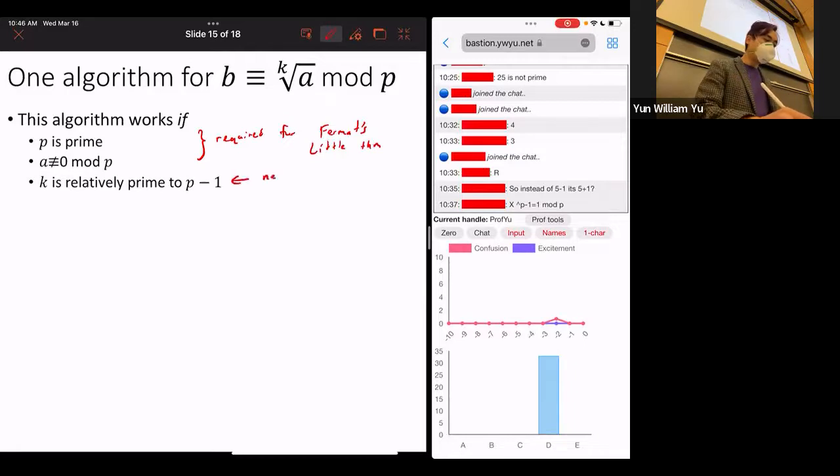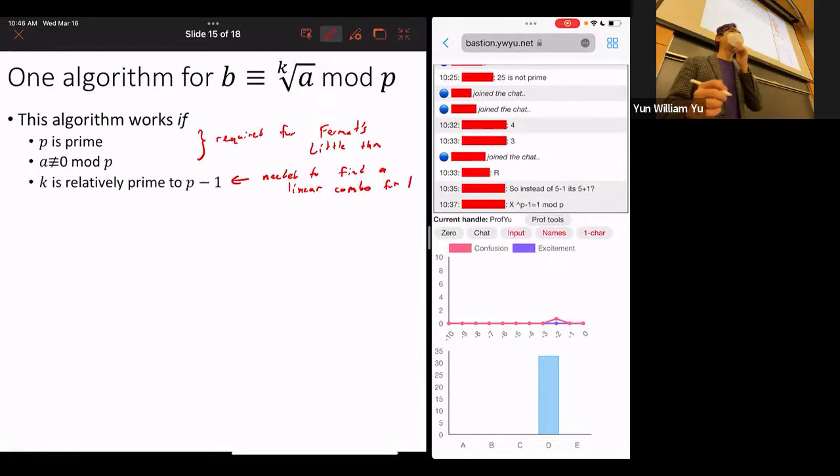And this is needed to find a linear combo for 1. Okay, so there may exist roots when these conditions aren't satisfied, but this particular method won't work without it.